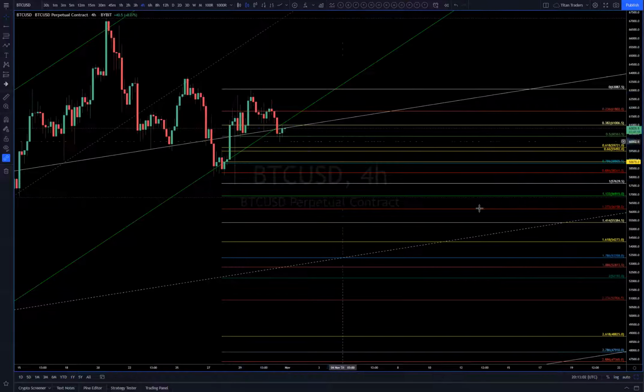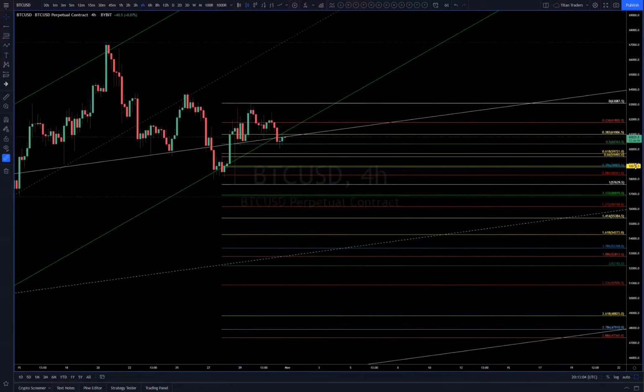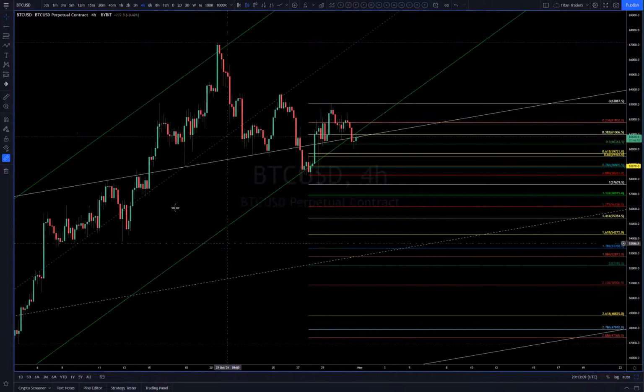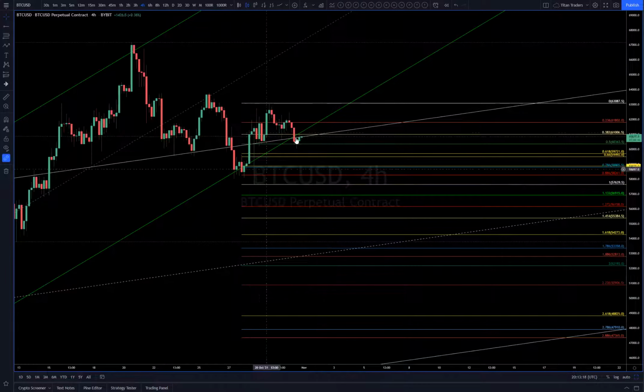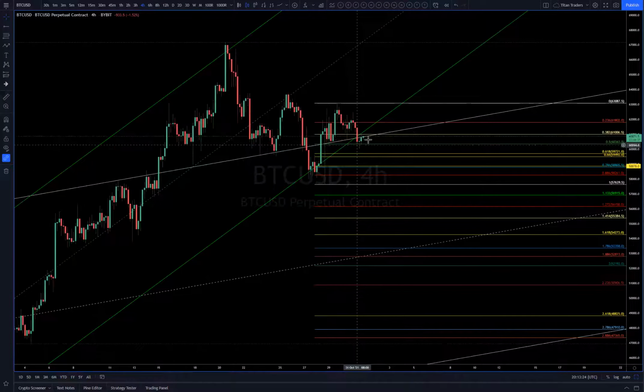I don't really want to give any sort of trades or anything as such, but what I am doing is trying to give a plan on how I would look at the market. So if I'm going to long this, I ideally want to long this within this sort of channel, the lower part. And if I'm going to short this, I'm going to short this potentially where it is currently, but as I see a rejection.